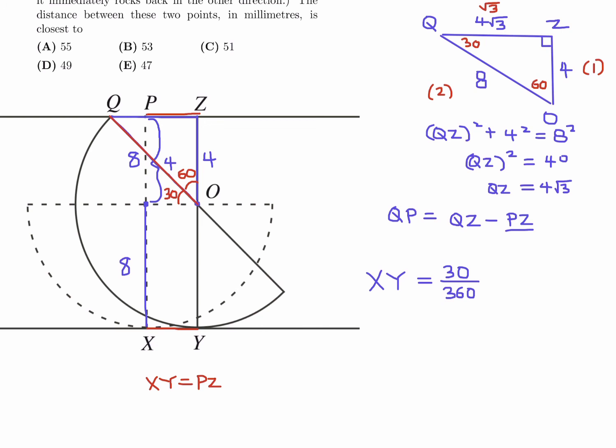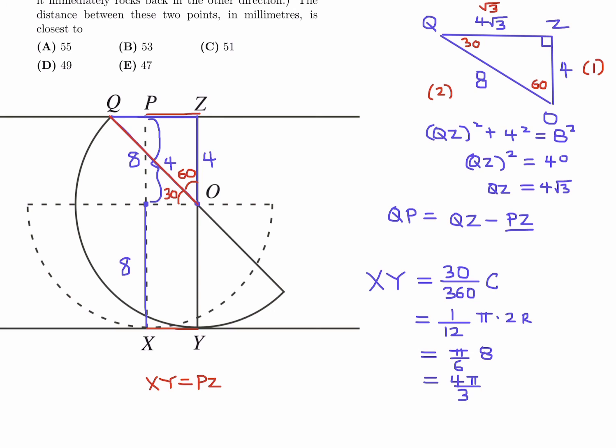All right, so the distance from x to y is 30 over 360 times the circumference of that circle. Now, 30 over 360 is 1/12. The circumference of the circle is pi times 2 times the radius. So this just becomes pi over 6 times the radius, and the radius of this circle is 8. So this looks like 4 pi over 3.